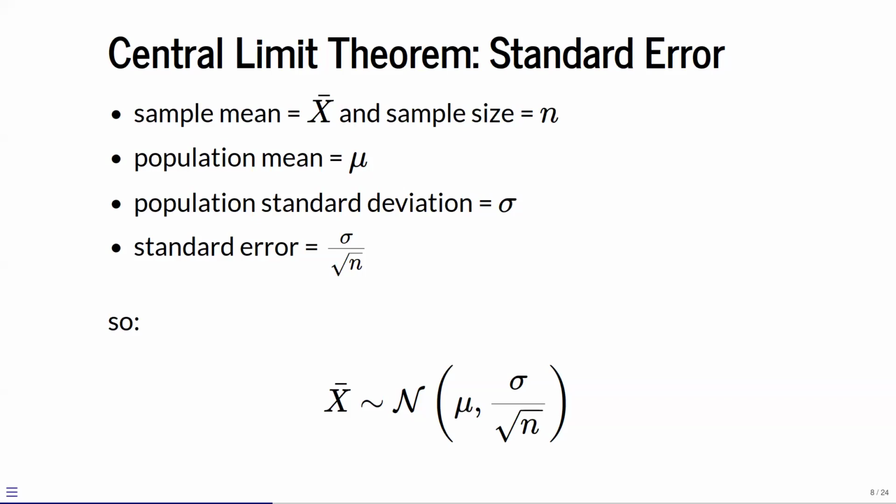This was the central insight of the central limit theorem: the standard error gets smaller as the sample size gets larger. So this is simply a restatement of the central limit theorem and of the plot that we just saw with mathematical notation. It says that the distribution of the sample means is approximately normally distributed with a mean of mu and standard deviation of sigma divided by the square root of n.